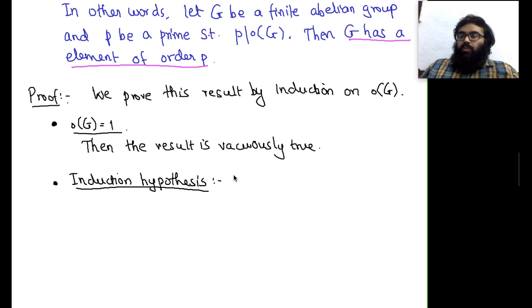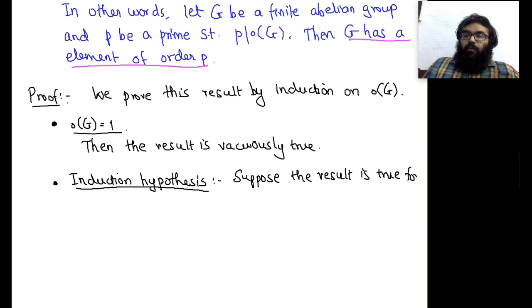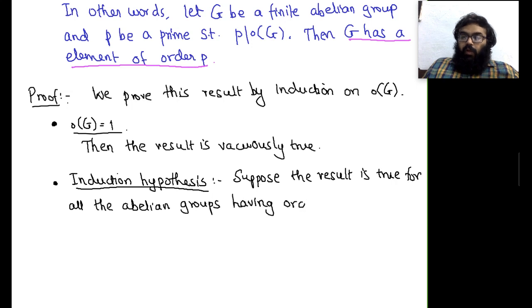So the induction hypothesis says: suppose the result is true for all abelian groups whose order is less than the order of G.